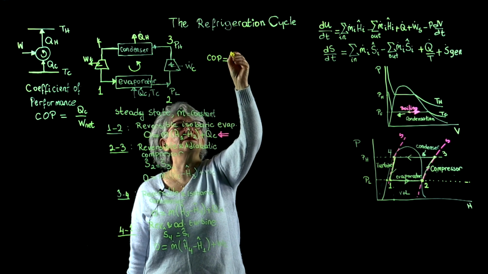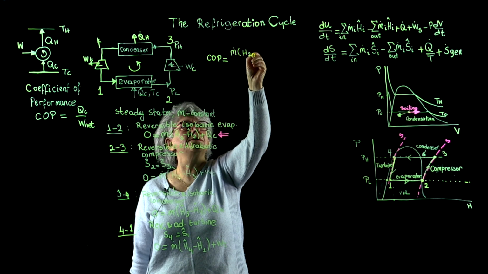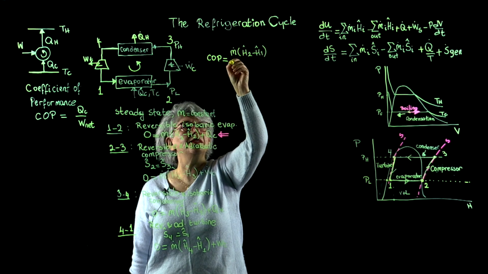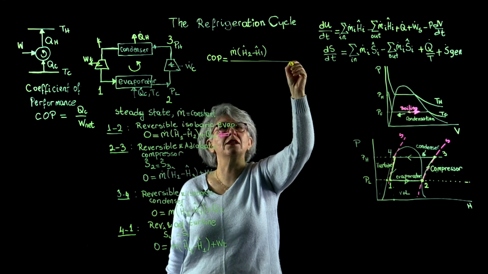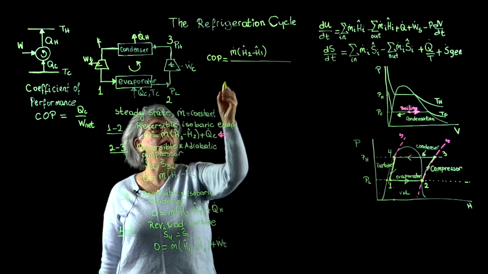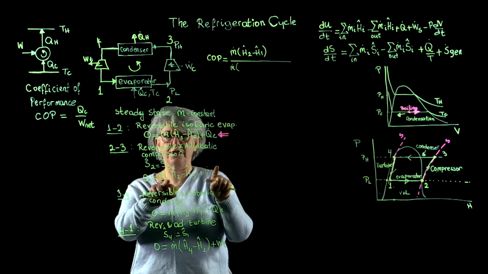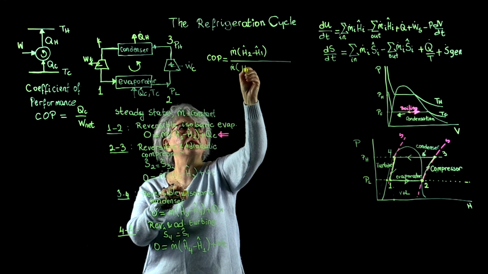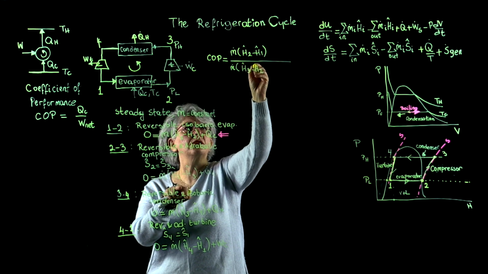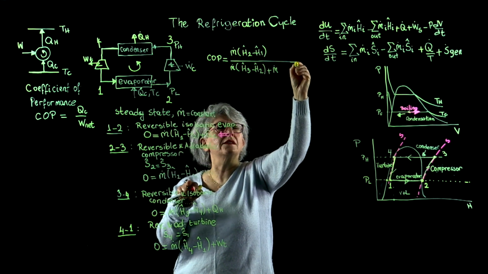It is m dot H2 minus H1 divided by the net work. Net work is compressor work, m dot, compressor work is H3 minus H2, plus m dot turbine work.